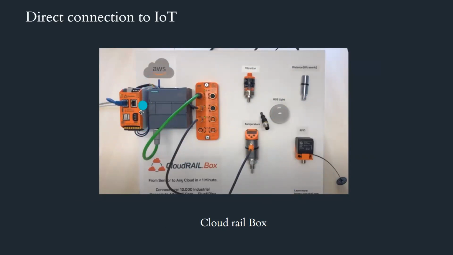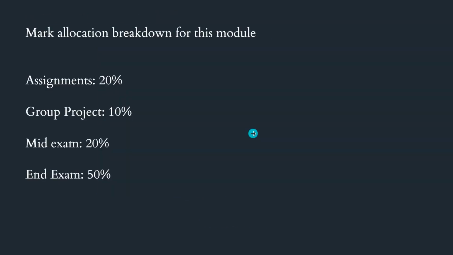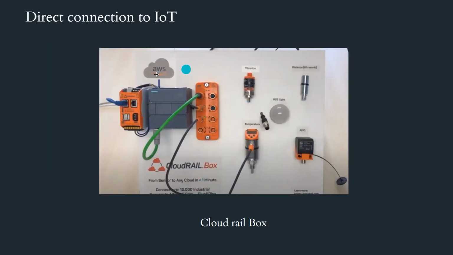So we can directly connect our temperature sensor data to a box, which in this company is known as the cloud rail box, and it sends whatever data is collected directly to the internet using the Ethernet connection, and the cloud database collects the data continuously from the temperature sensor, right? So we can have such implementations in industrial scenarios.